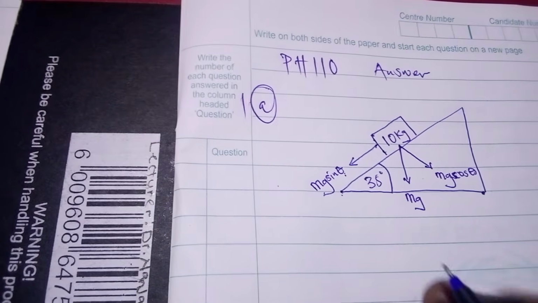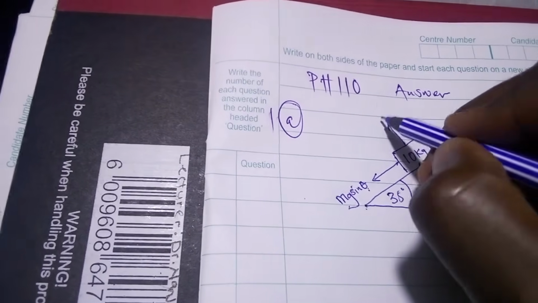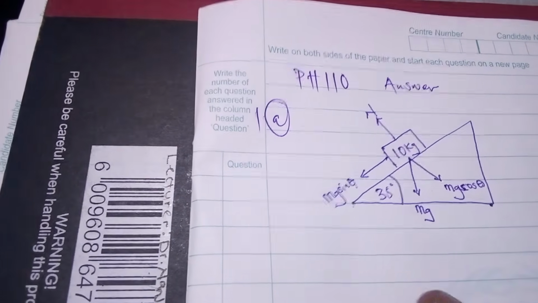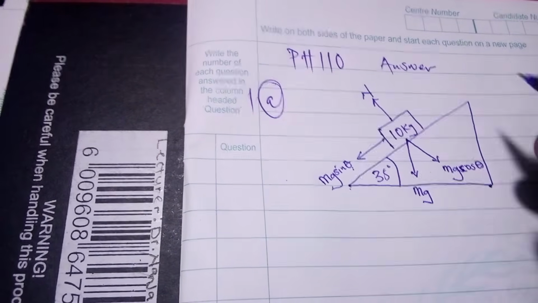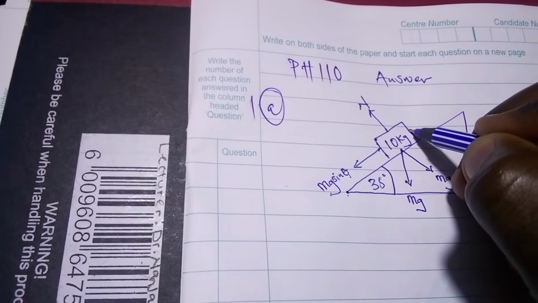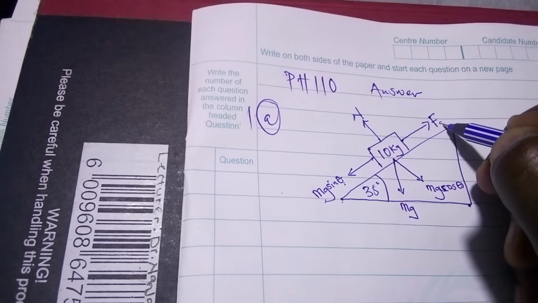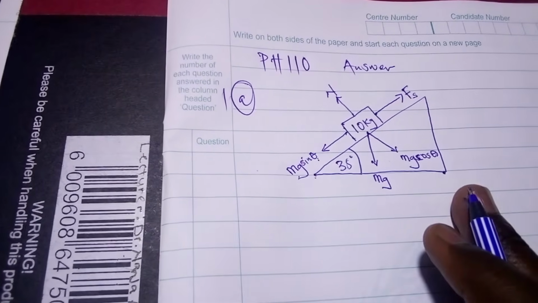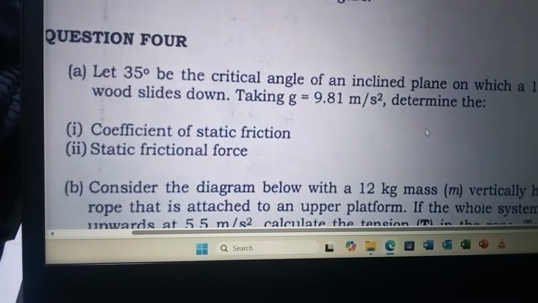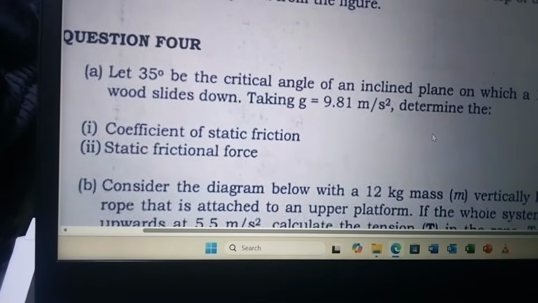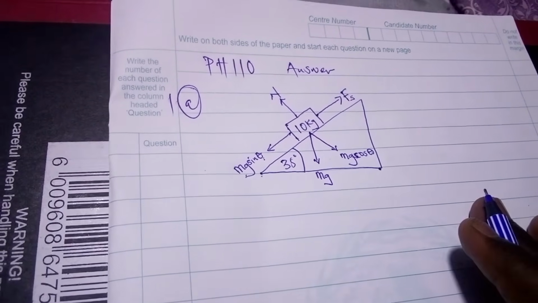There is also another force acting upward called the normal force. Since it is static friction, meaning there was a force opposing the motion, which is static friction, they are saying we find the coefficient of static friction.